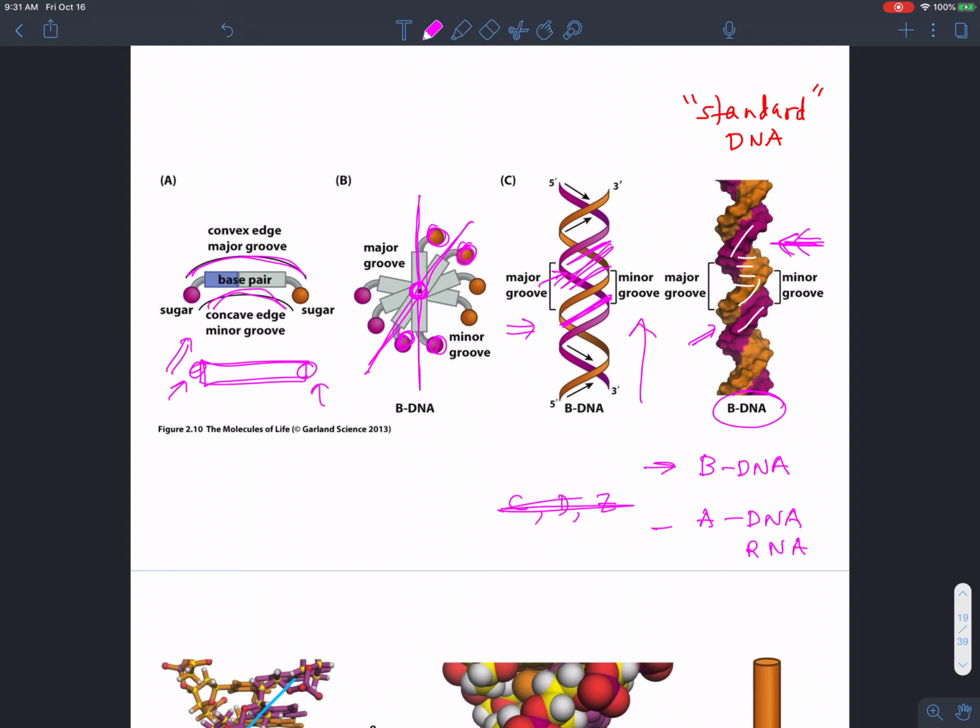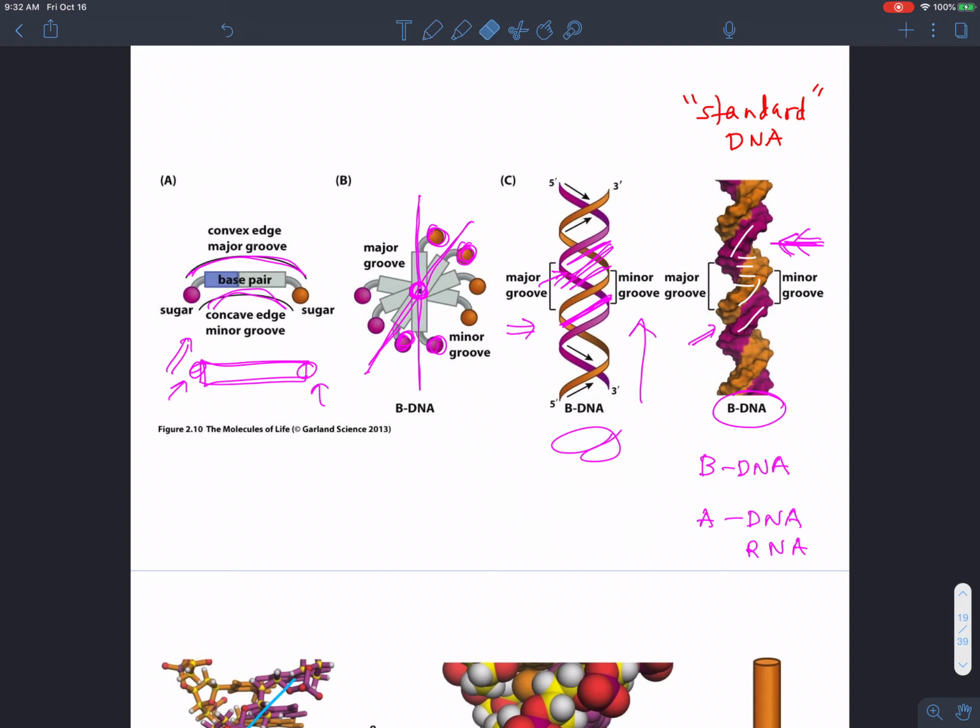We'll just talk about B and A DNA, and contrast them as a way of understanding what the other ones would look like. Z-DNA is actually left-handed, whereas this is a right-handed double helix. Z-DNA is twisted the other way, so that's a really weird one. But anyway, we won't talk about all those things.